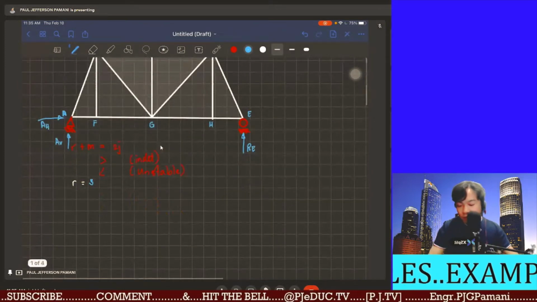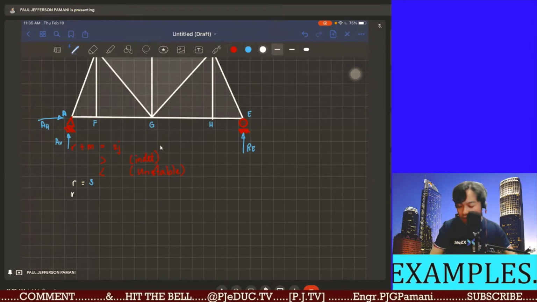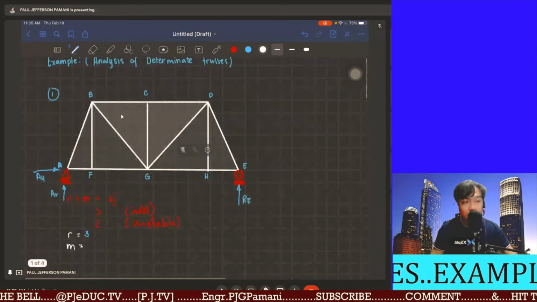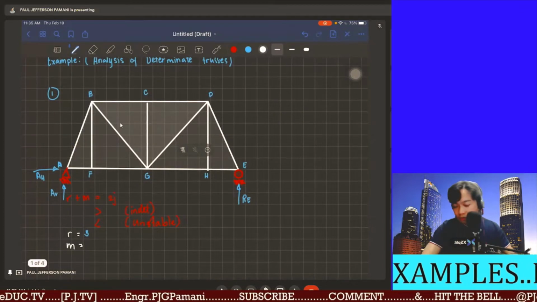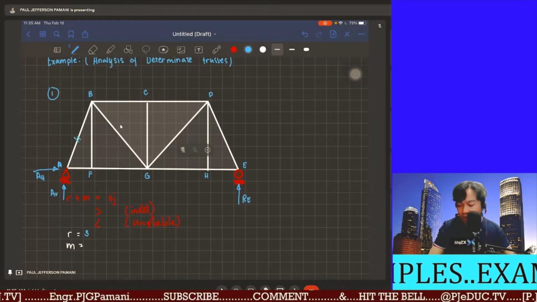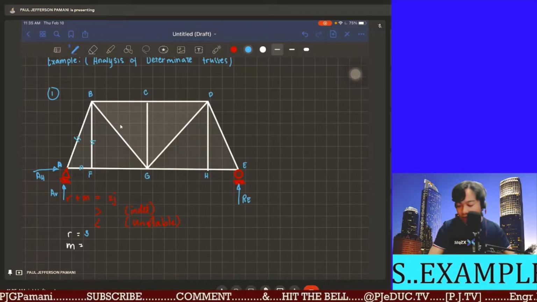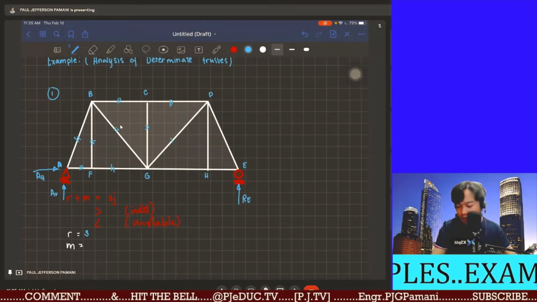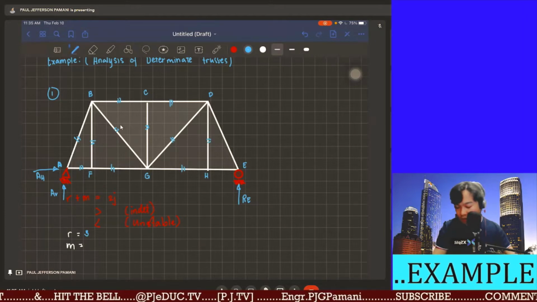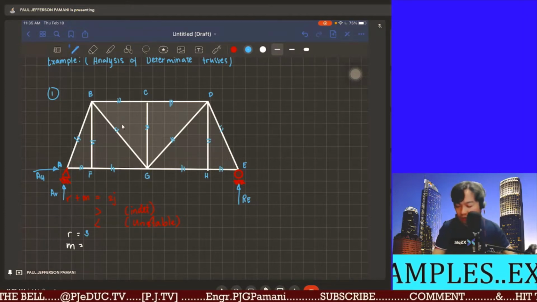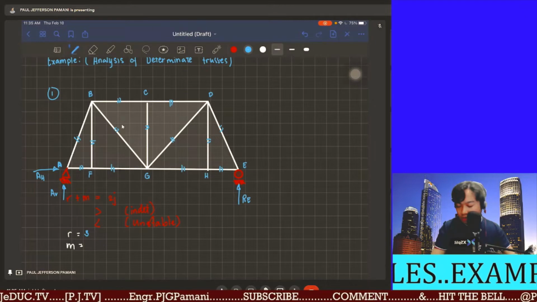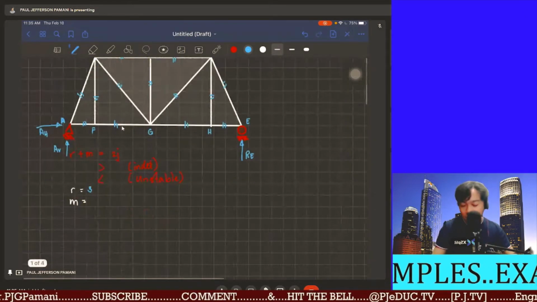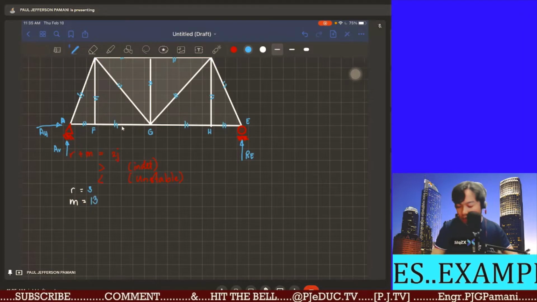Number of members: how many members do we have in this particular truss system? We have 1, 2, 3, 4, 5, 6, 7, 8, 9, 10, 11, 12, 13. 13. Tama ba? Bilangin nyo rin.